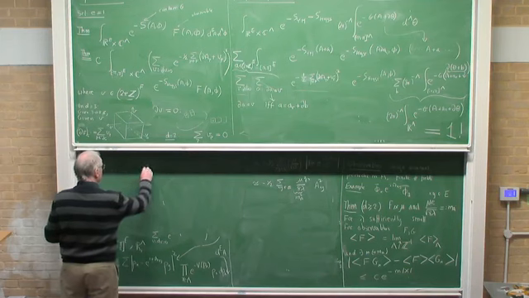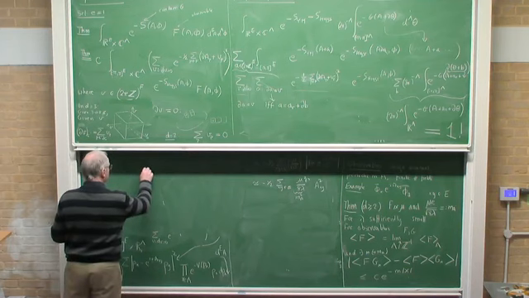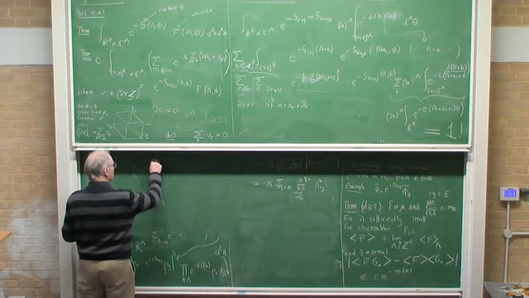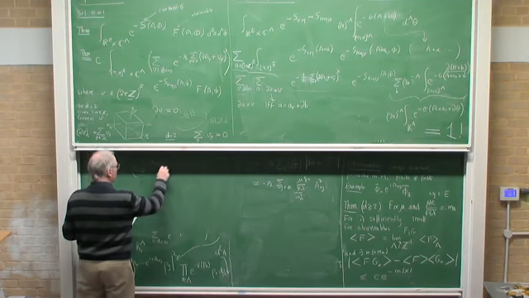Zero goes into 2 pi Z to the... I'll add in the star here. It's a bit perverse, I'll factor it out.